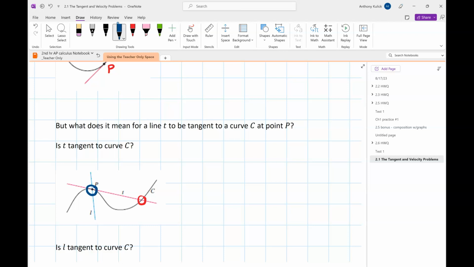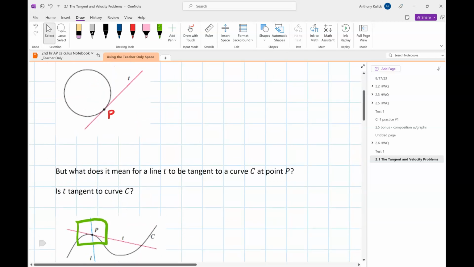To me, T looks much more like a tangent than L does, because if I just look at the local neighborhood around P, T is behaving very much the same way the tangent line behaves around the circle, where it looks like it's just intersecting at one point.